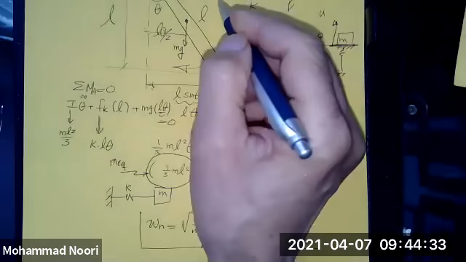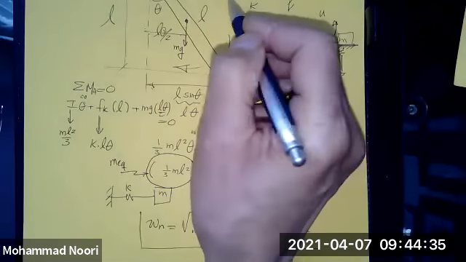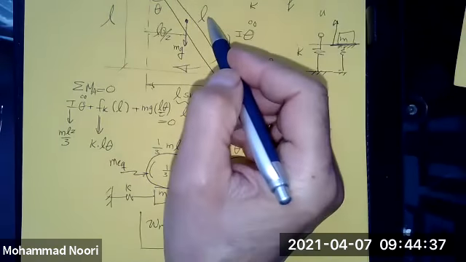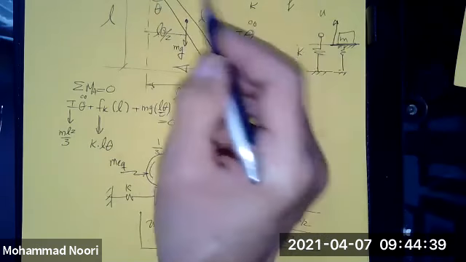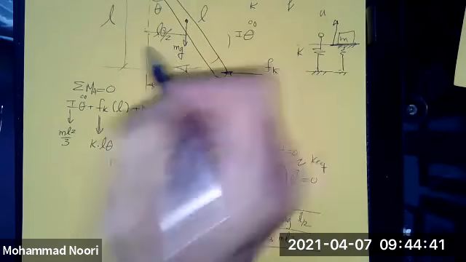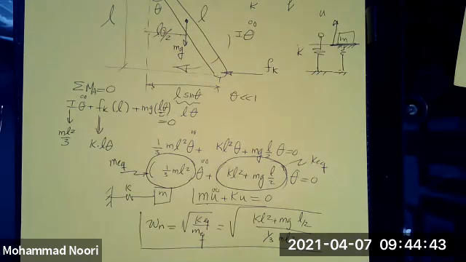But here it is not the case. This is an unstretched form, so simply a bar is attached to it. So when it goes like this, mg shows up. Okay.